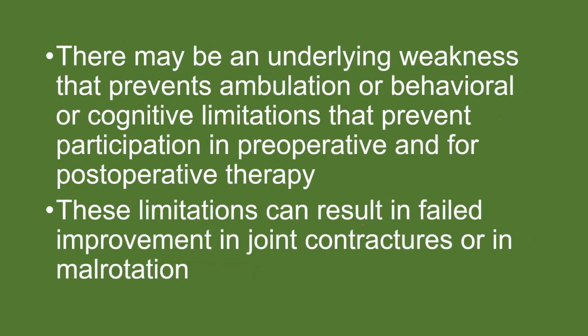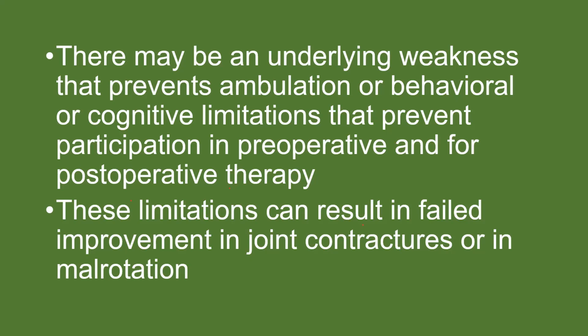There may be an underlying weakness that prevents ambulation, or behavioral or cognitive limitations that prevent participation in preoperative and postoperative therapy. These limitations can result in failed improvement in joint contractures or in malrotation.